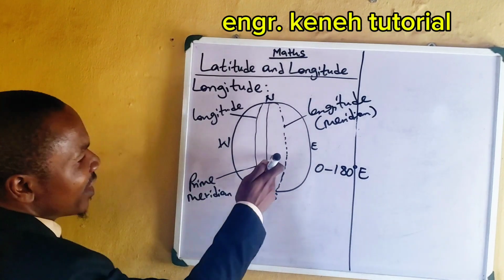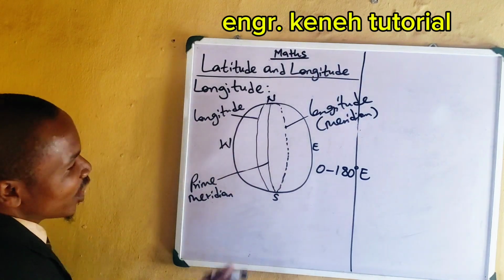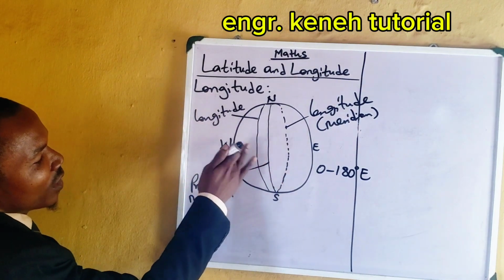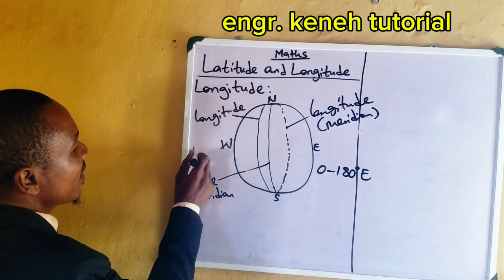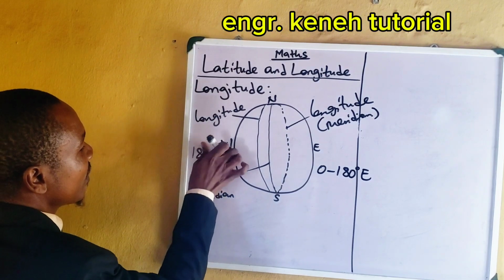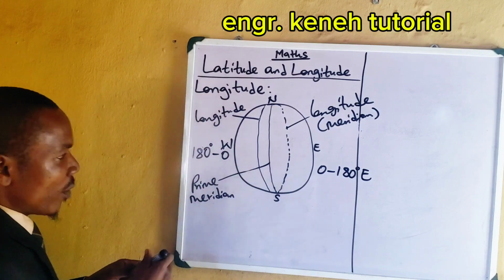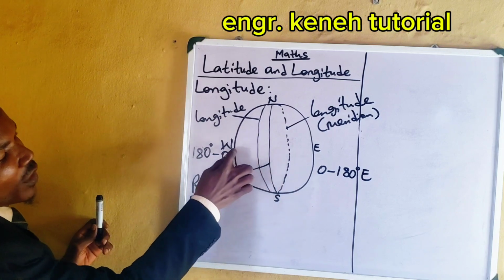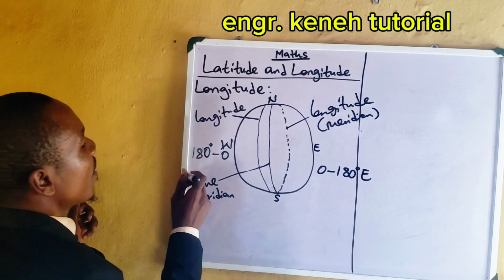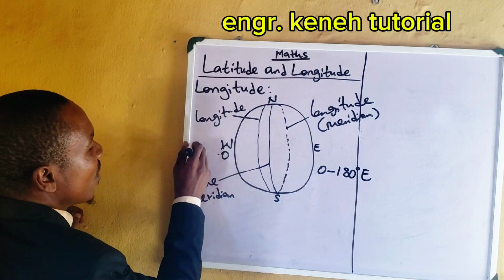Likewise, from that prime meridian, if you are going towards the left hand side, it will be increasing from 0 to 1, 2, 3. So you are also going to have something like this. So if you are coming towards this side, here should be what? 0, 1, 2, 3, 4 until you get to maximum, which is what? Which is, let me write this very well, 180.